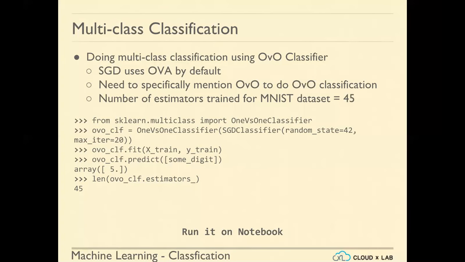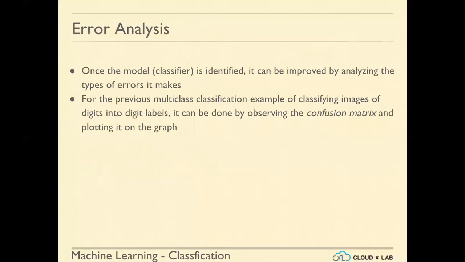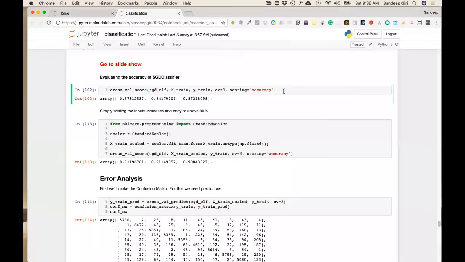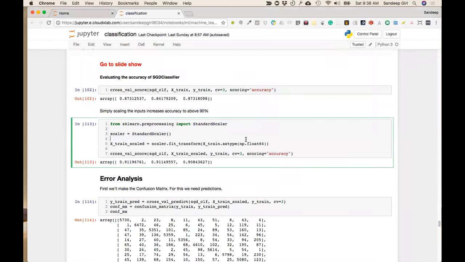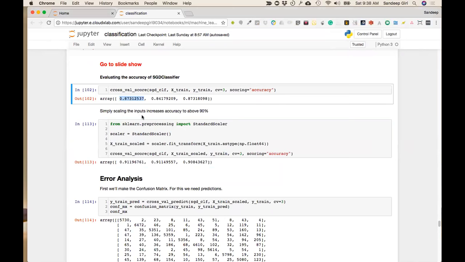All right, great. One more thing is that we can scale the images quickly and then we can see that the accuracy improves very quickly. Here we are getting 87%, which is 0.87 accuracy, less than 90%.